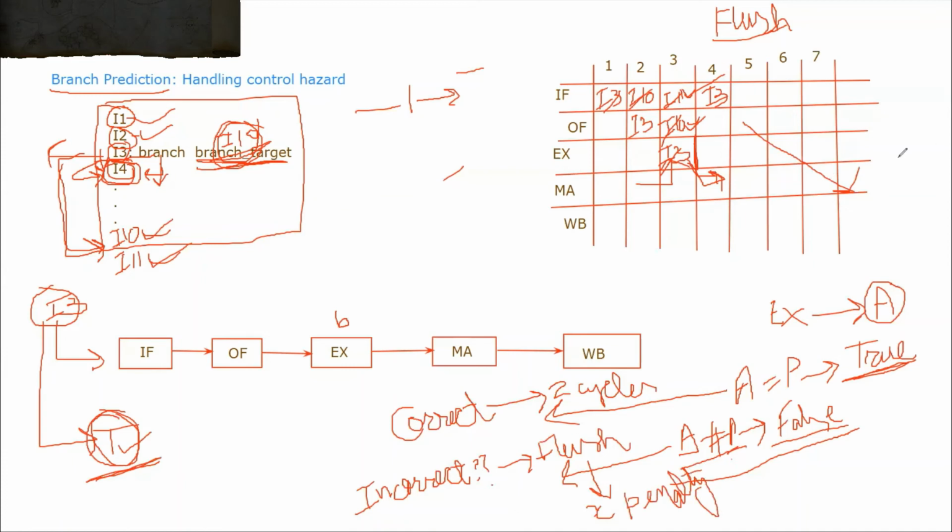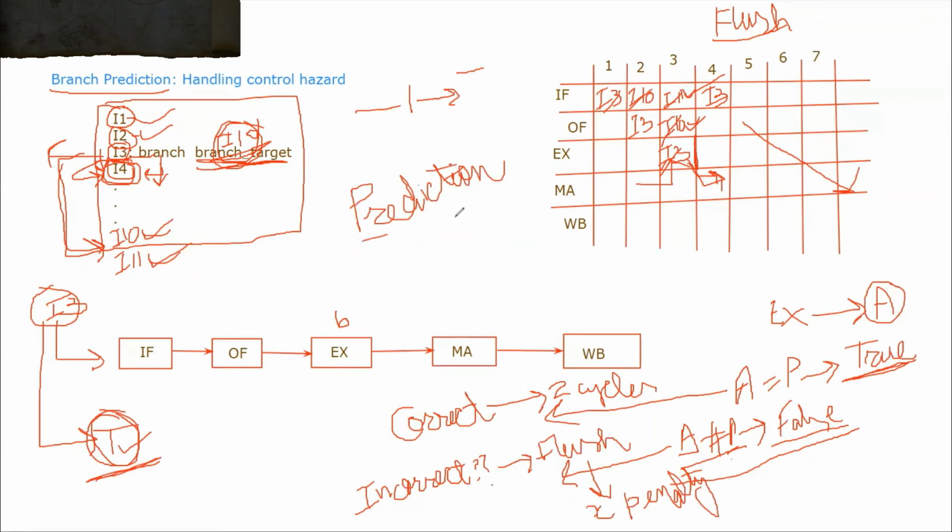Flush means remove all the instructions from the pipeline. Okay. Fine. So you can see that using branch prediction, I can save 2 cycles for each instruction.